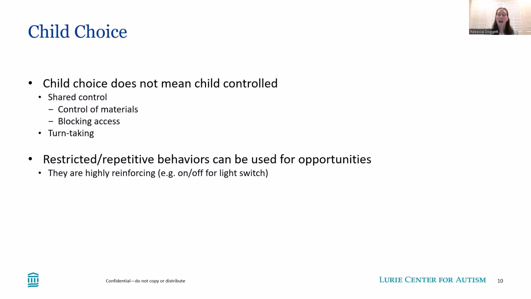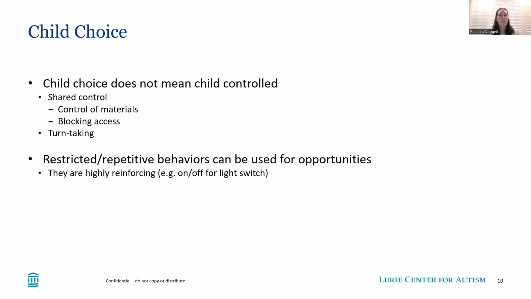You are providing the choices and making the options that the child is then able to choose from. So if it's raining outside and outside's not an option, then that's not one of the choices, but you can still provide them choices of activities that are available to them and that are feasible.